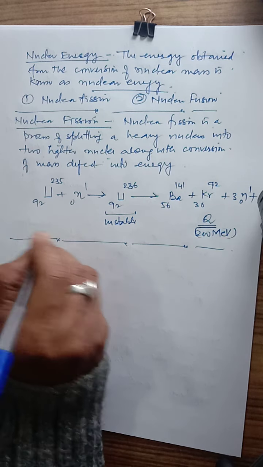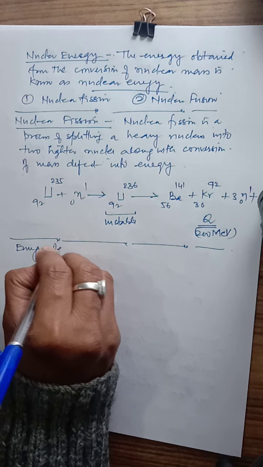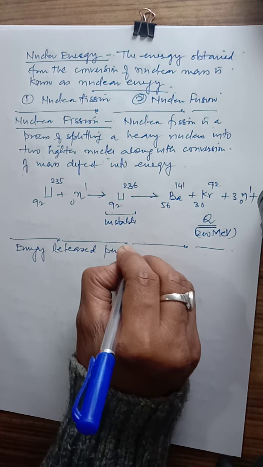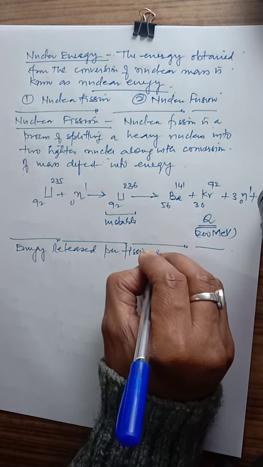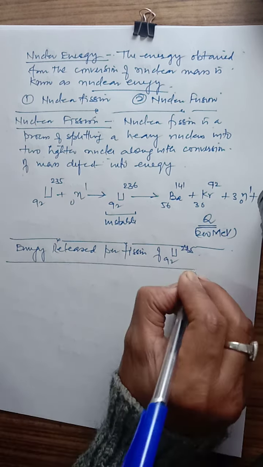Now the next is the energy released per fission of uranium 92 235.